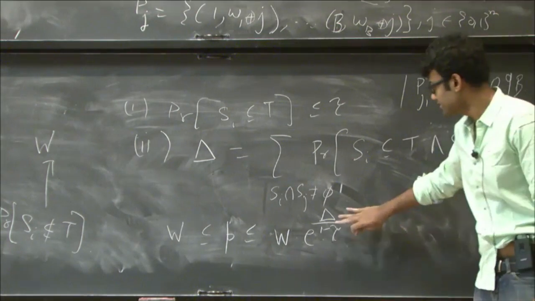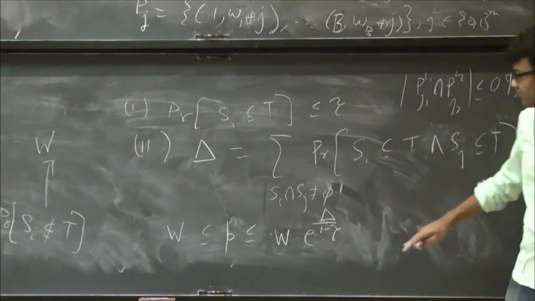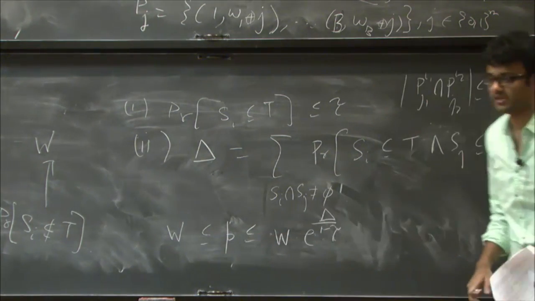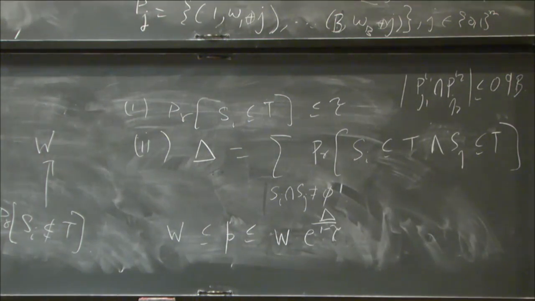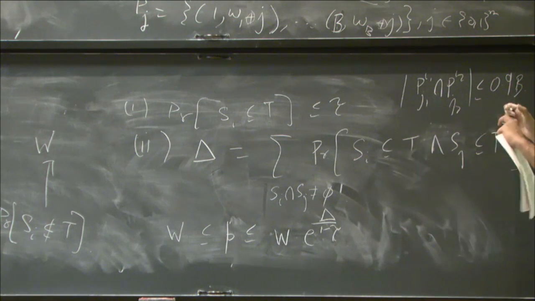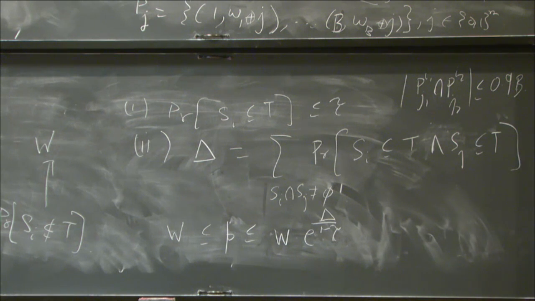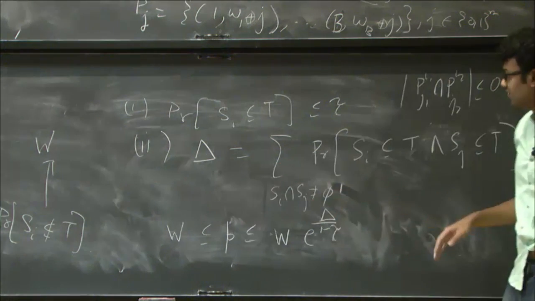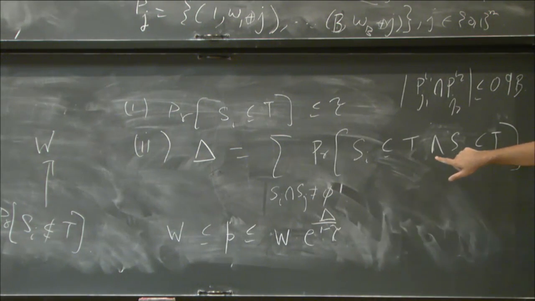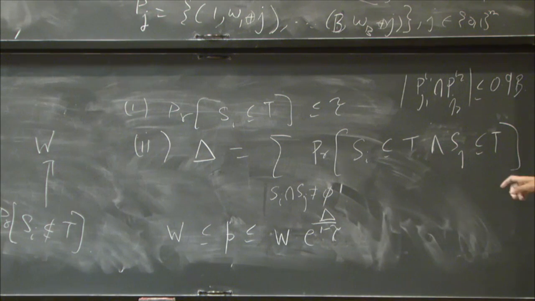So if we can show that delta is little o of 1, then we have a very tight bound on P. And this condition that the blocks do not have too large an intersection translates into proving a bound for this quantity delta, because you are saying Si is in T where each element is picked with probability 1 minus P1, right? So we are saying that at least 1.1 B elements are in your set, and that's where the gain comes from.